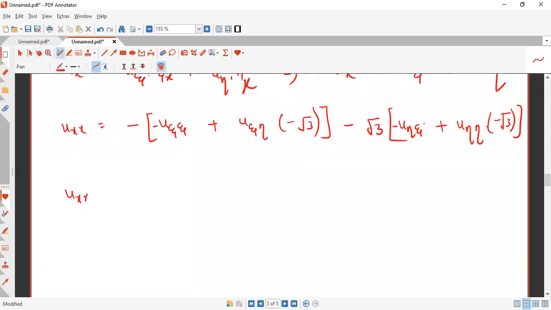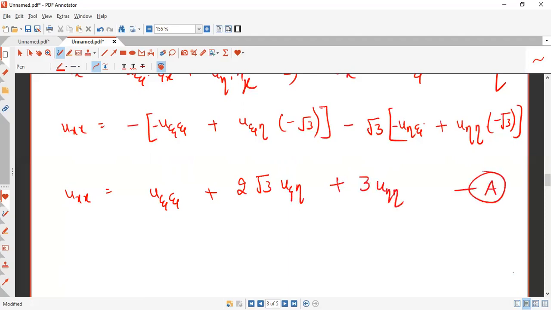So uxx will become plus u xi, plus root 3 plus root 3, plus 2 root 3 of u xi eta, plus 3 times u eta. Right?